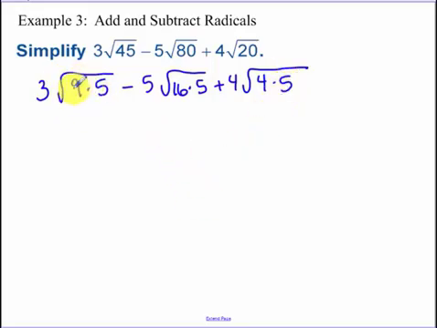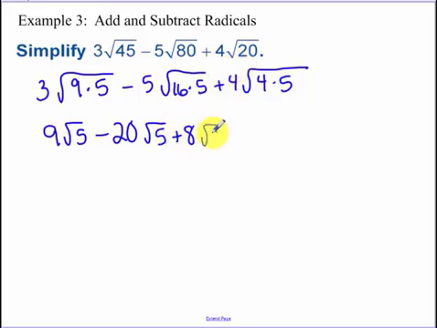Now the 9 can pull out and become a 3. So I would have 3 times 3, that's 9, root 5, minus 16 would come out and be a 4. 4 times 5 is 20, root 5. 4 would be a 2 when I pull it out. 2 times 4 is an 8, root 5.